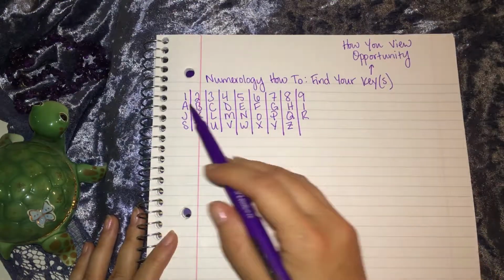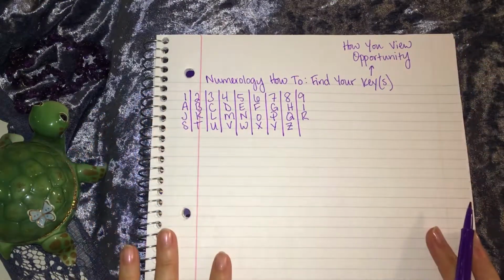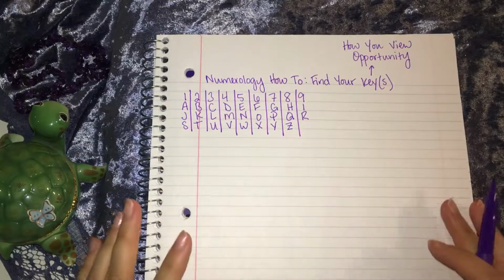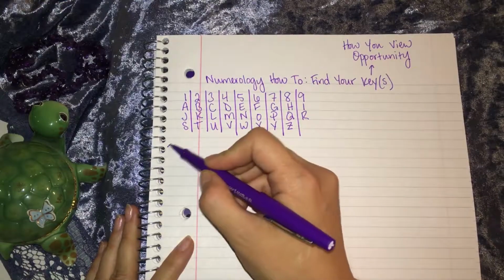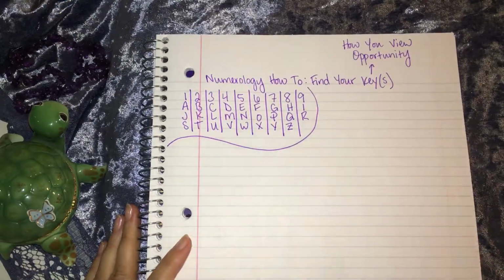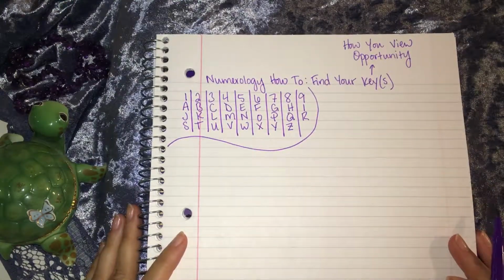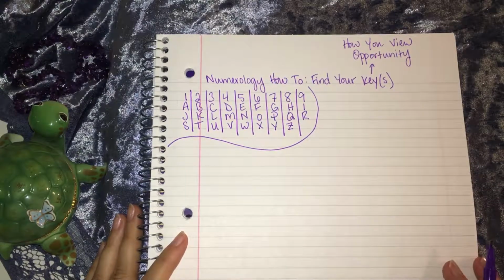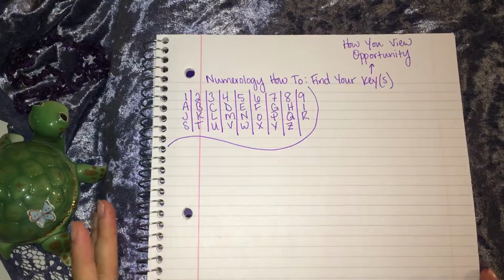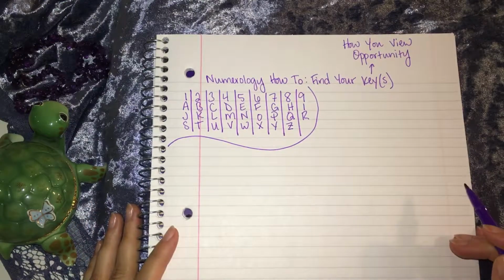So I'm going to do how to find your keys in this video, and then in the next video I'll talk about what they all mean. And I am using characters from one of my favorite books just so we get an example of each one here. So you could do something like that too when you're wanting to practice.